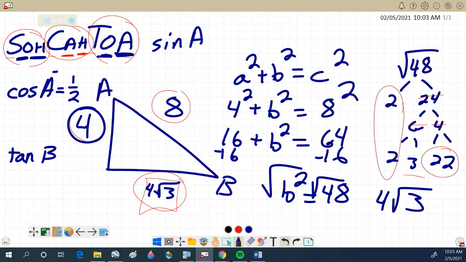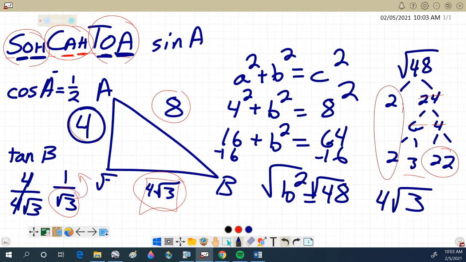So let me write that a different way. 4 over 4 root 3. Well, the 4's cancel, right? So I get 1 over root 3. I can't leave that in the bottom. So I move the root 3 to the top, and then I put this on the bottom, root 3 over 3.